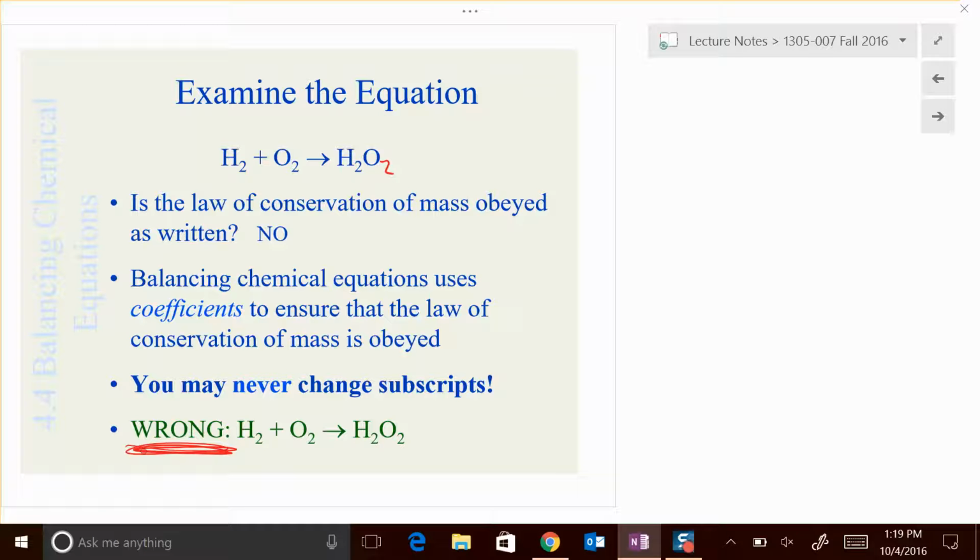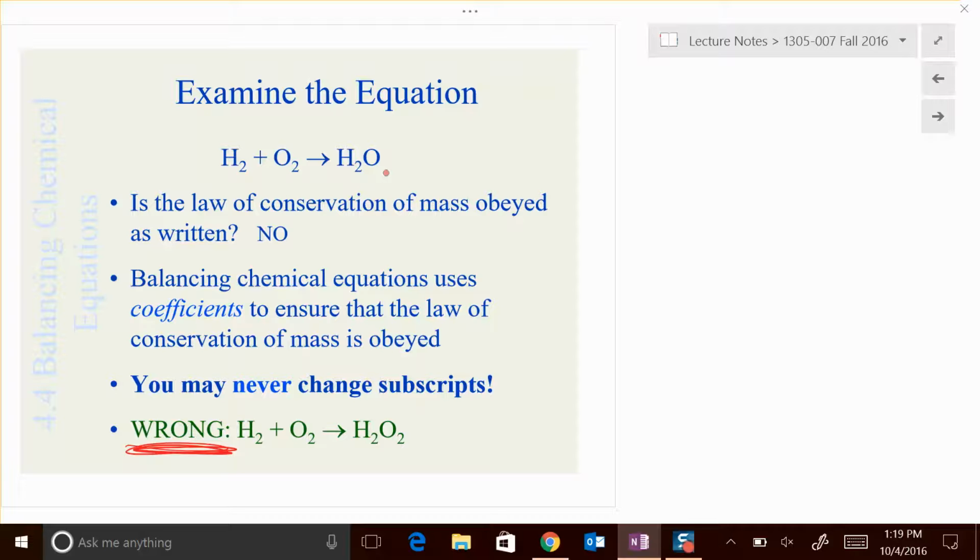Changing the acidity. Exactly. I was trying to create water. What did I create instead of water? I created hydrogen peroxide. That's not what I was making. So this is incorrect. So how am I going to maintain the identity of the H2O but still balance the oxygens? With a coefficient.